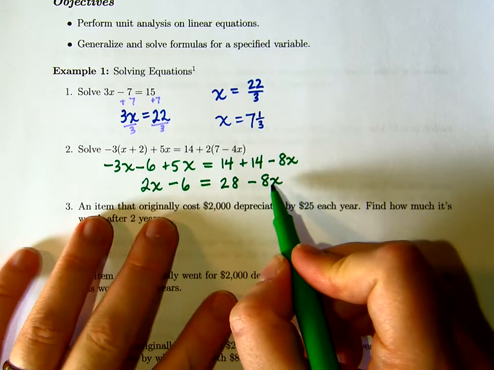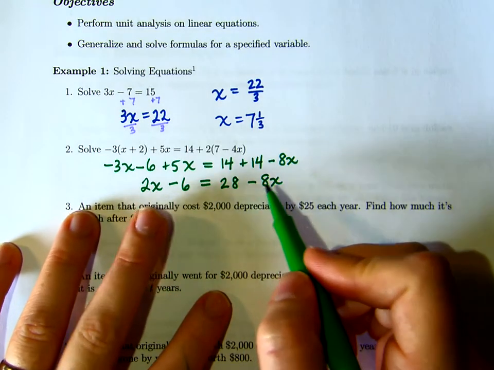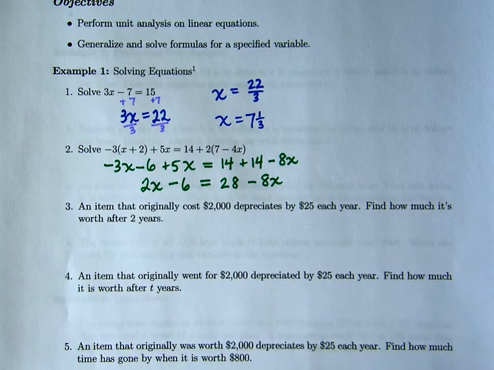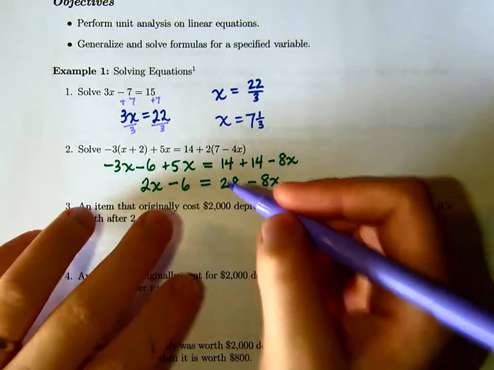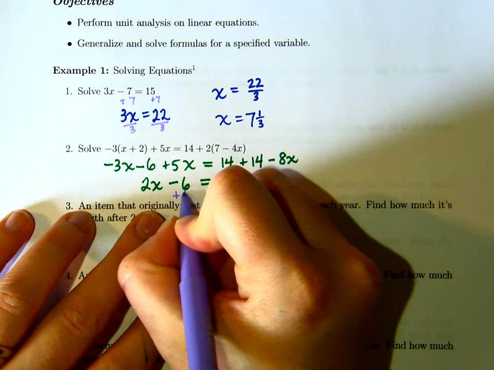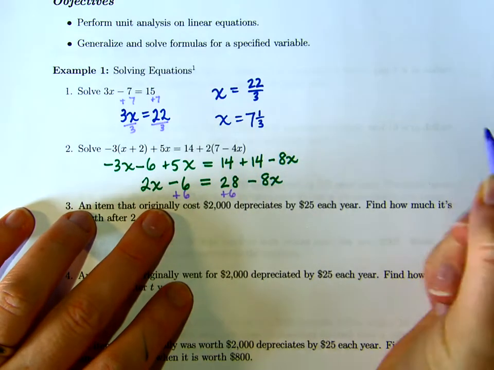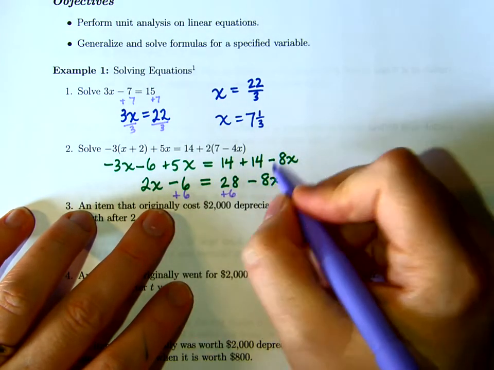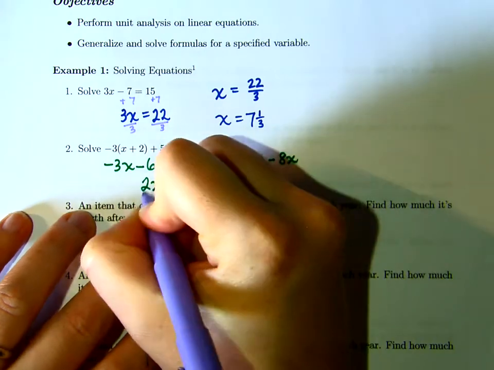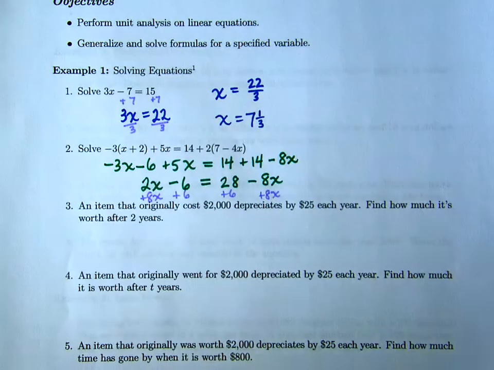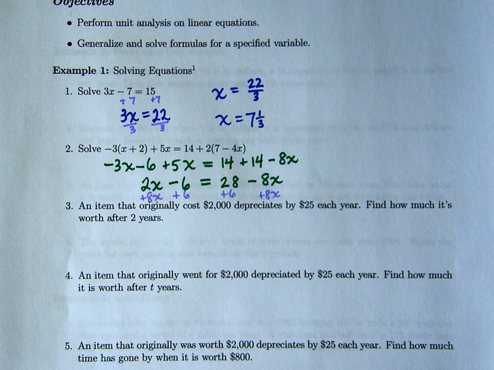I'm going to go ahead and add 8 x's to both sides, and I'm going to add 6 to both sides of this. Adding the same amount to both sides of the equals maintains the fact that we can still use an equal sign.